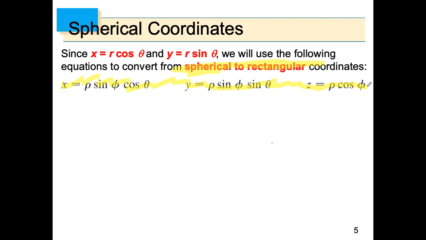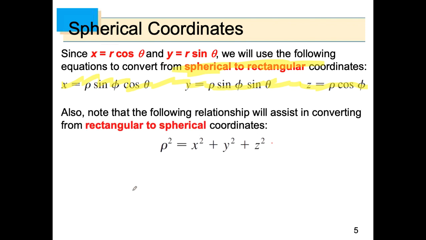Okay. Moving on. What if I want to convert from rectangular back to spherical? Well, spherical coordinates are typically based off the distance from the origin to the point itself, which is rho. If you take the same distance rho and move it anywhere you want in three-dimensional space, you end up with a sphere.